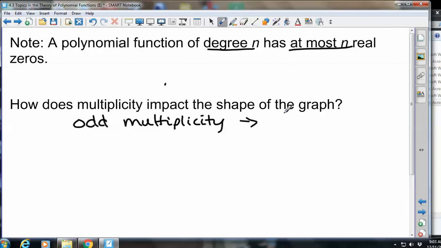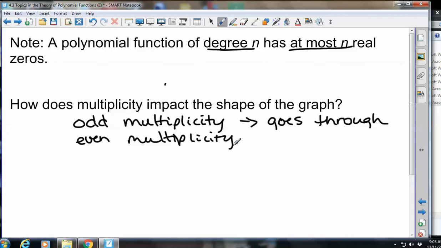Okay, so anytime you have an odd multiplicity on the graph, it goes through. If it has an even multiplicity, what happens? We use this a little bit just with matching. I can give you some pictures of graphs when we were trying to write their equations. So we've talked about it a little bit there.